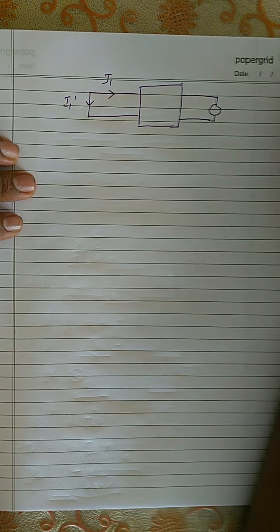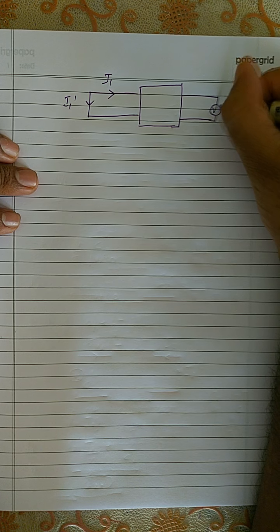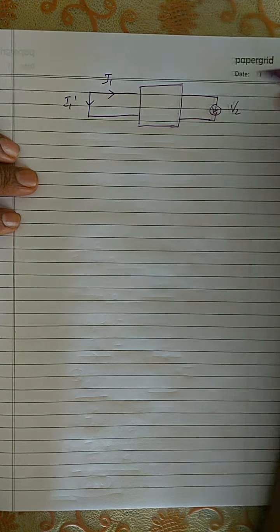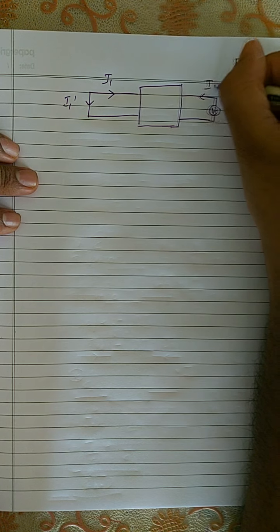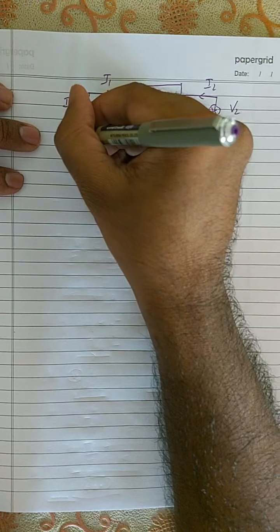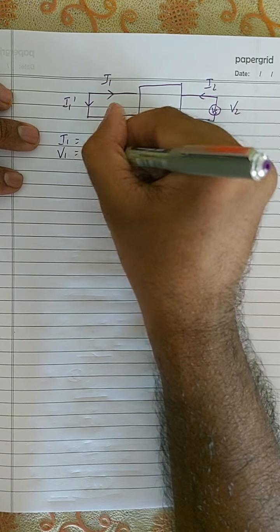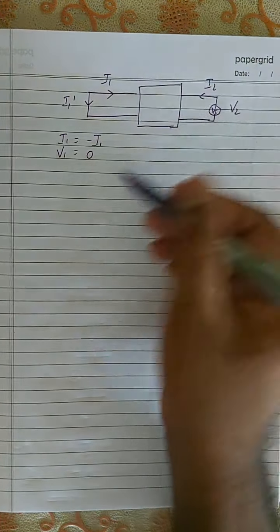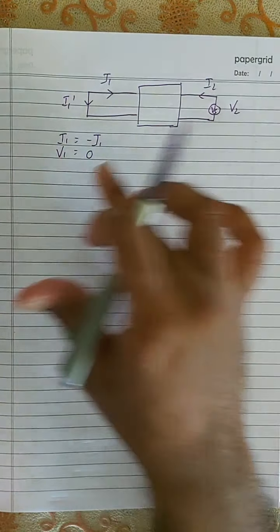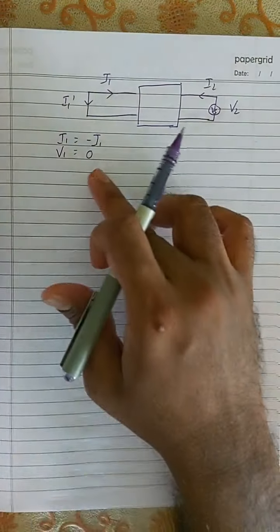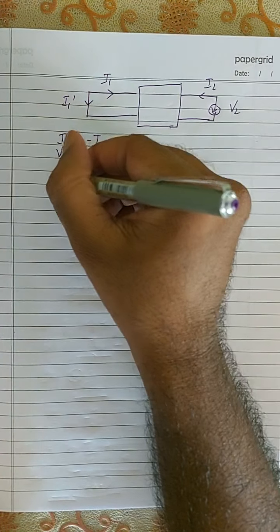So the output becomes the input and the input becomes the output. This is Vs, so therefore V2 is equal to Vs and this is I2. Basically, I1 is equal to minus I1 dash and V1 is equal to 0 because this is shorted. So substitute that over here and you will get V1 is equal to 0, so this will become 0.